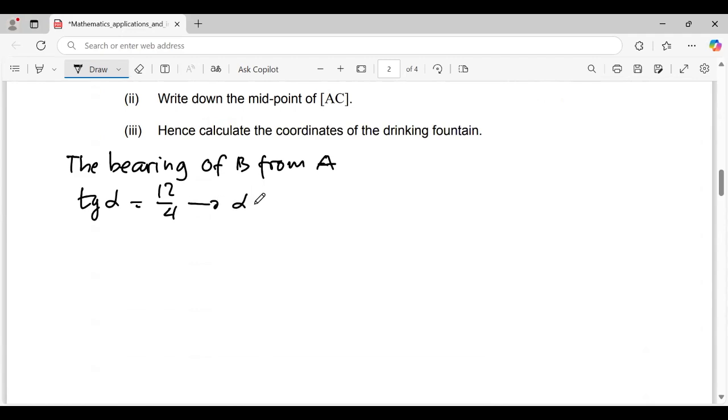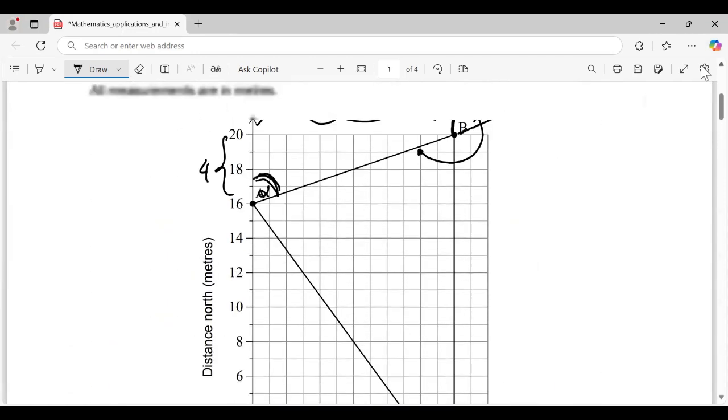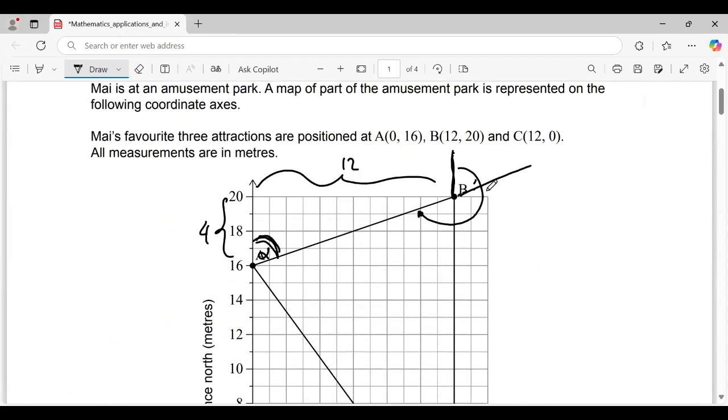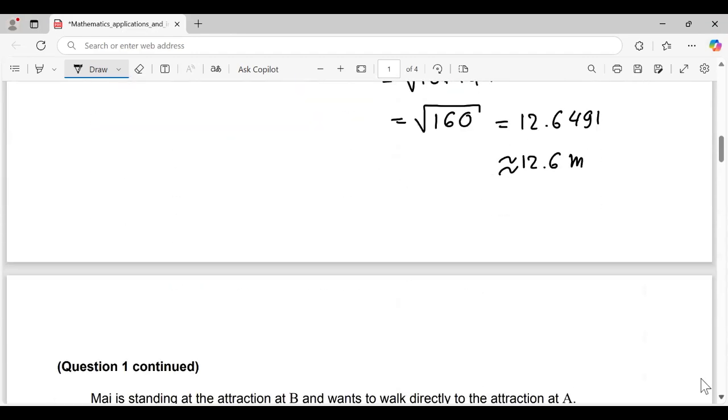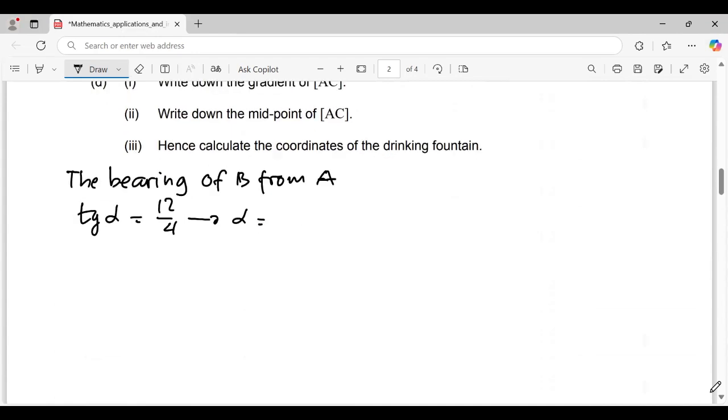So alpha equals angle ABC, this is angle ABC. So alpha equals arctangent of 12 over 4, or 3.